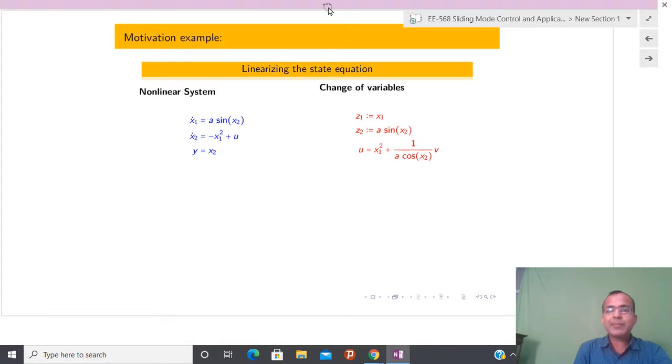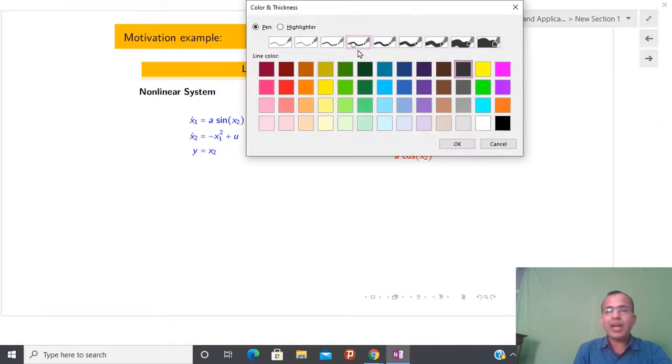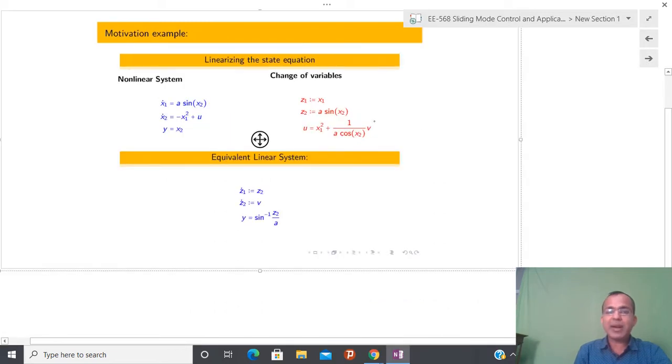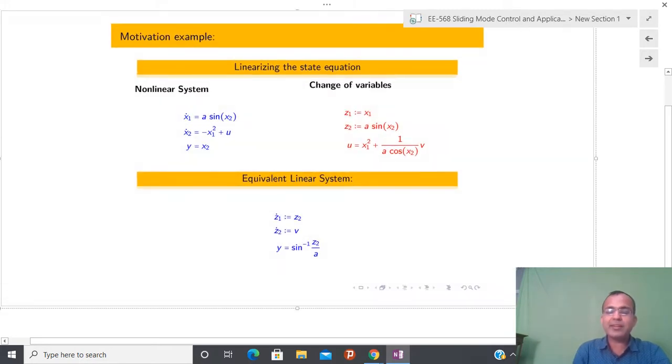So basically, I have this particular nonlinear system, and I define new states z1 equal to x1 and z2 equal to a sin x2. Then in this particular coordinate frame, I am going to assume that whatever u I have selected is of this particular form.